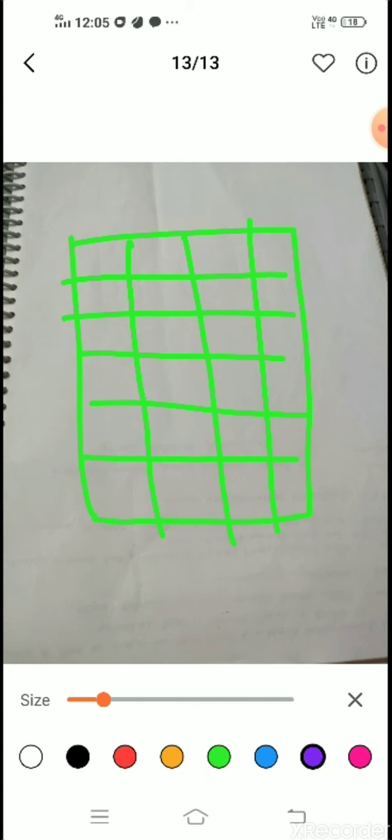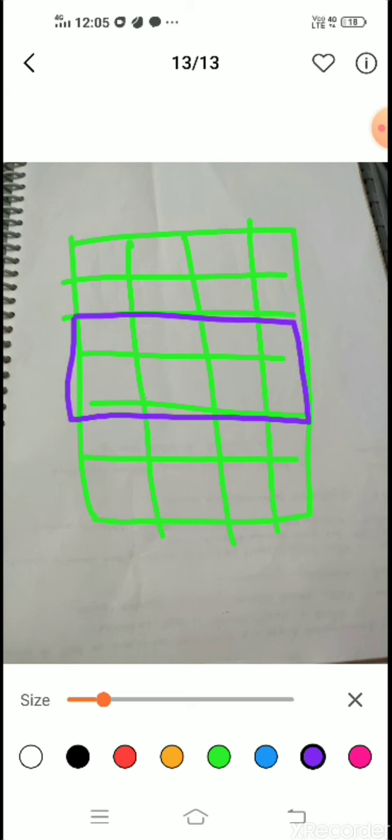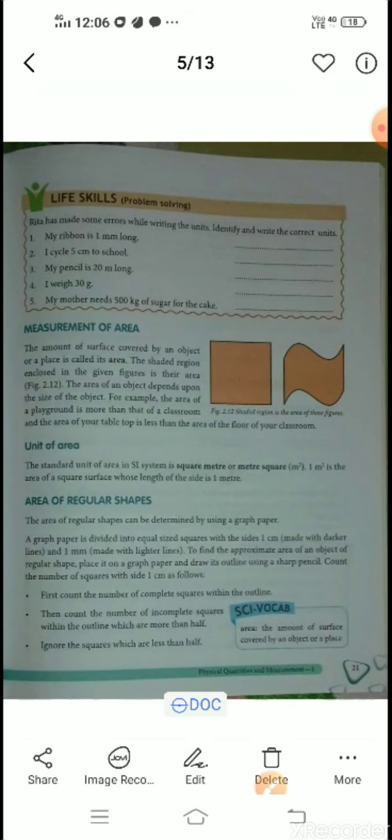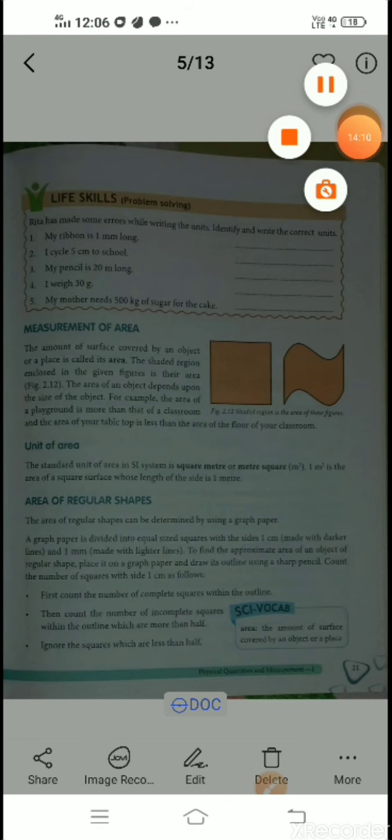Now I'm going to place a rectangle in this way. Now you calculate the number of boxes. How many boxes? 1, 2, 3, 4, 5, 6, 7, 8. Therefore the area of the rectangle will be 8 centimeter square. You can directly add them. So this is how we will find the area of regular shapes using graph sheets.